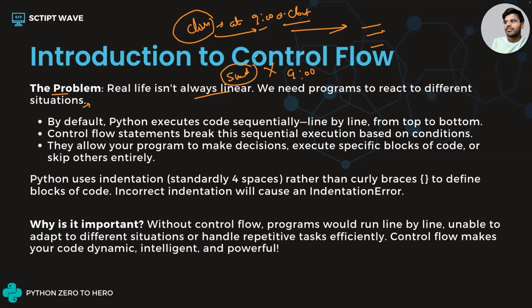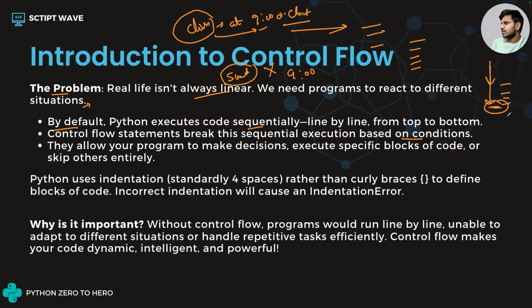In a similar way, in programming, we also have cases where we need to alter based on specific conditions and react on those conditions. By default, Python executes code sequentially, that is from top to bottom, line by line. This we already know. Control flow statements break this sequential execution based on condition. So let's take, if it is moving from top to bottom, then we'll add a condition.